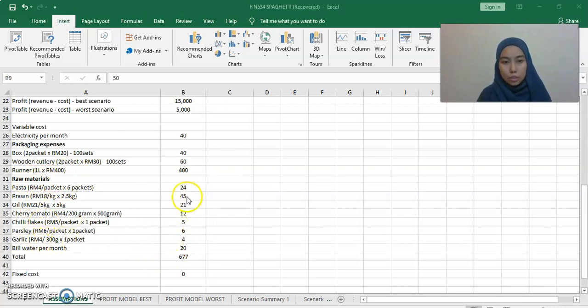This is the total for the raw materials plus the water bill per month 20 ringgit, and this is the total 677 ringgit variable cost, and the fixed cost is 0 ringgit.